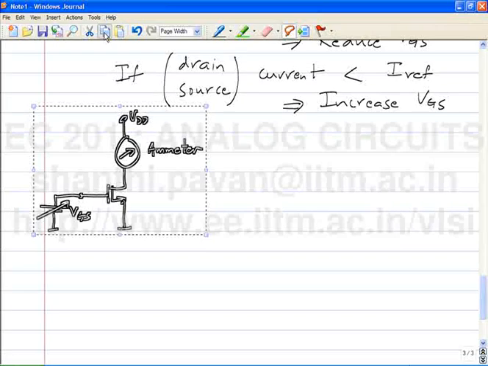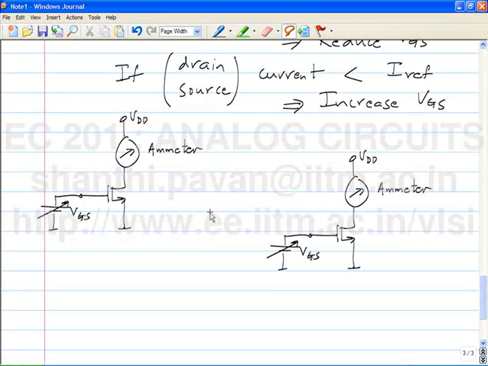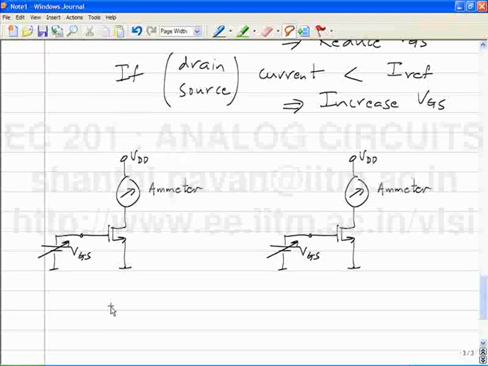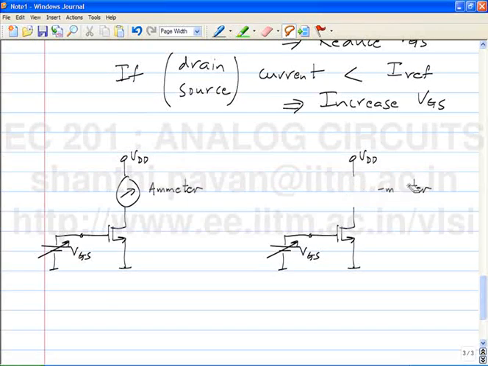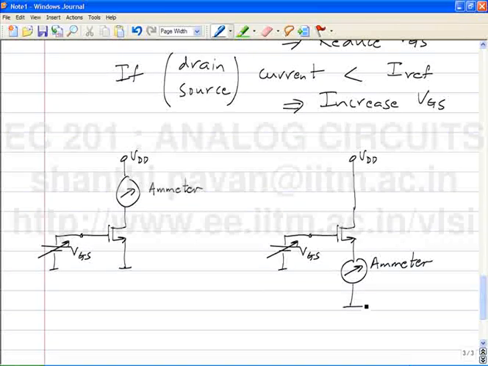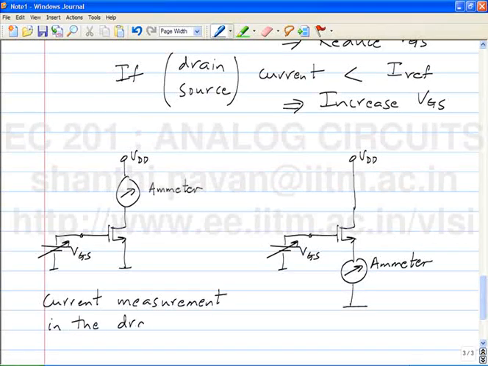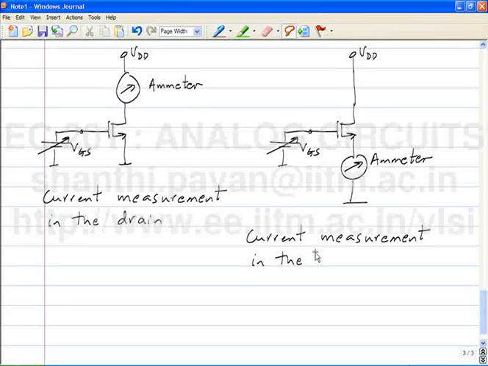What is the voltage drop across the ideal ammeter? 0. All that I am saying now is, I could as well have put the ammeter in the source, and nothing would change from yesterday. The way I would go about finding VGS still remains exactly the same. So this is current measurement in the drain, this is current measurement in the source.